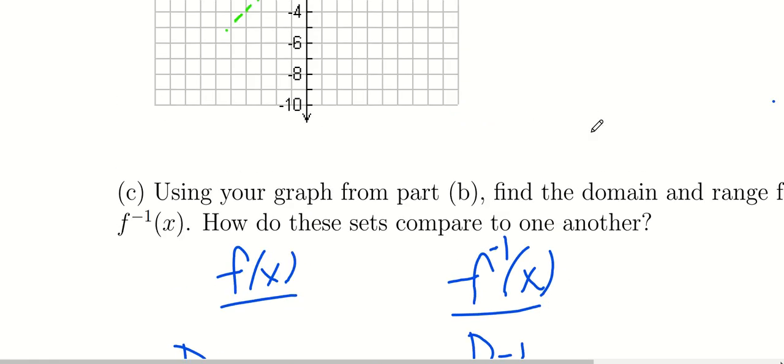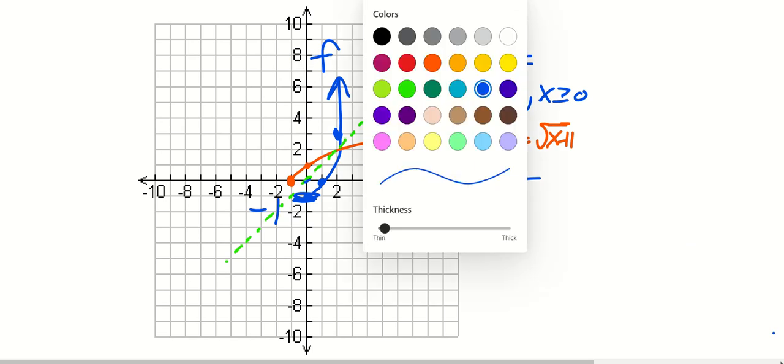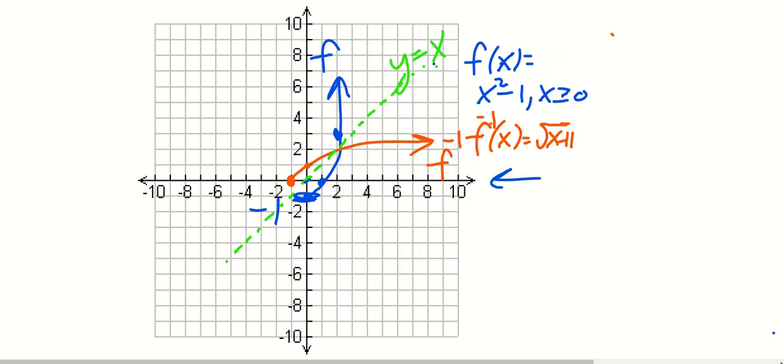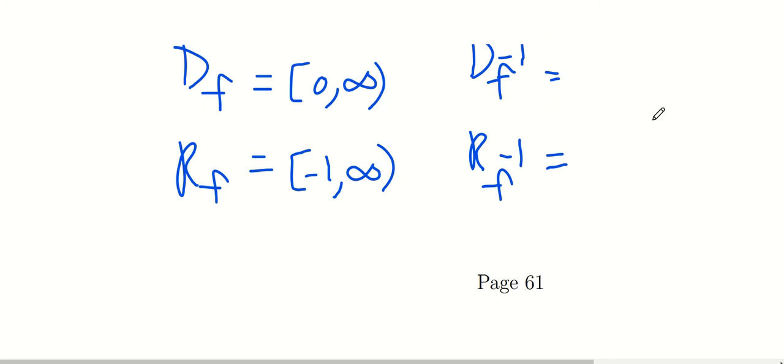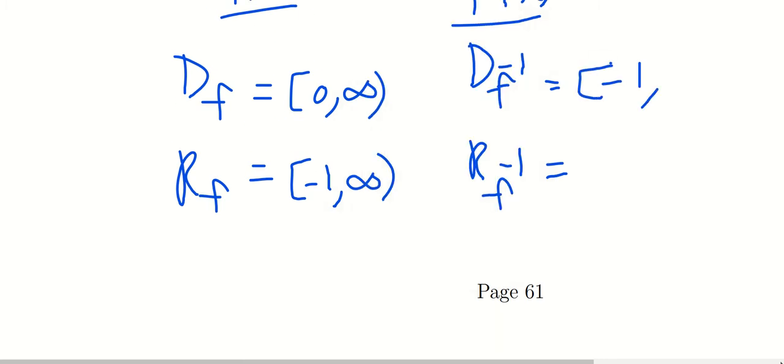Let's now do the same thing. Let's take a look at the graph of f inverse. For f inverse, its domain would again be how far left to how far right. F inverse goes as far to the left as -1, and it goes all the way to the right. So that goes from -1 to infinity.